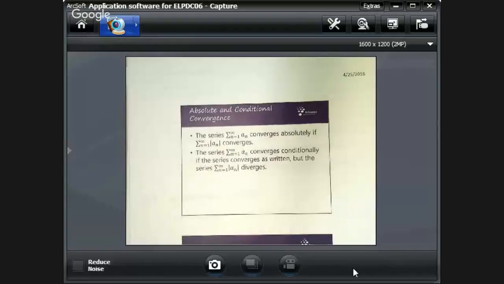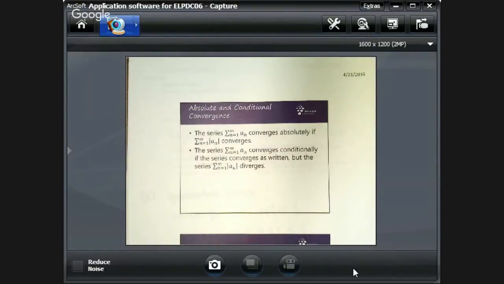You should know a little bit about absolute and conditional convergence. I'll throw this up here as a quick reminder.